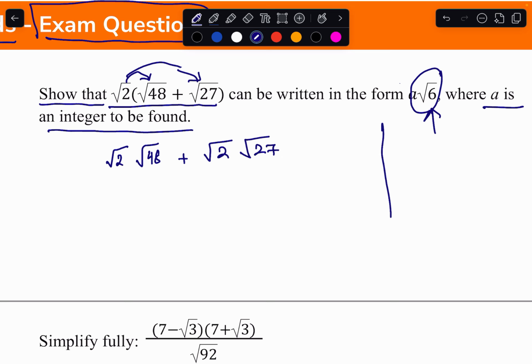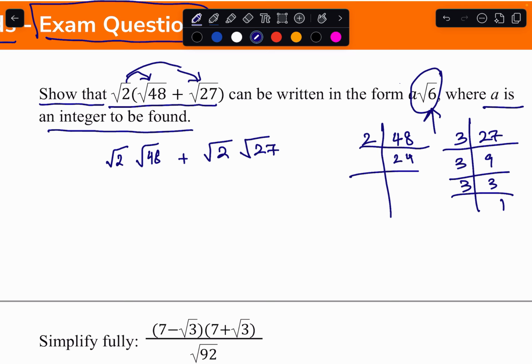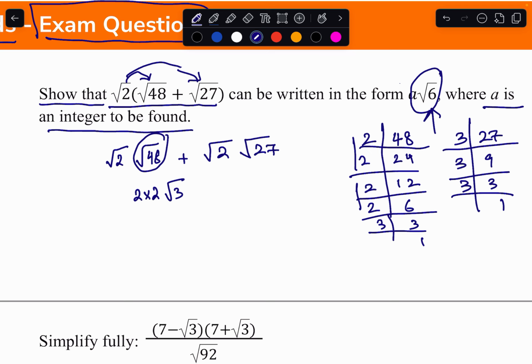As I earlier told you, we just find out the factors of 48 and 27. 3 times 9, 3 times 3, 3 times 1, 2 times 2, 2 times 4, 2 times 12, 2 times 6, 2 times 3, 3 times 1. So this and this is a pair, means out of this 48, this 2 and this 2 come out and this 3 stays inside. And this root 2 is also there.